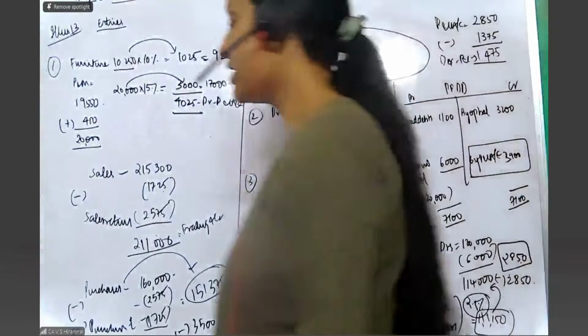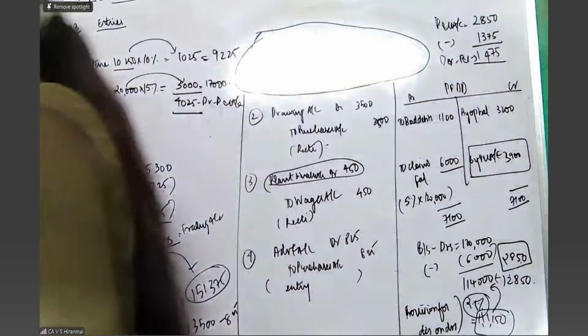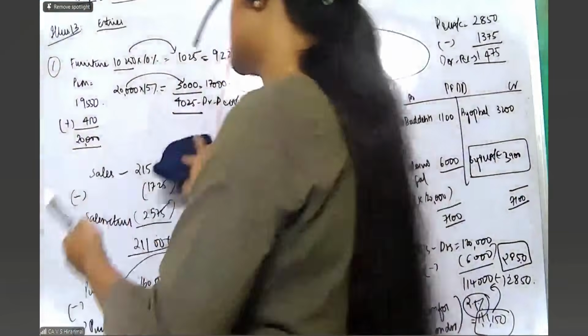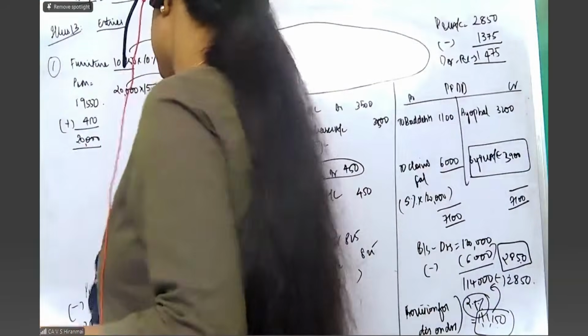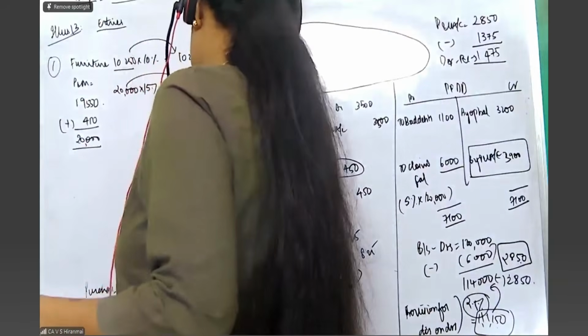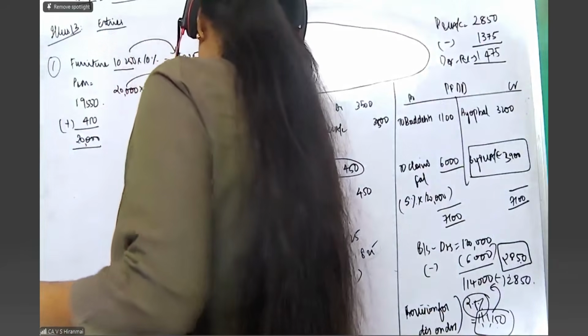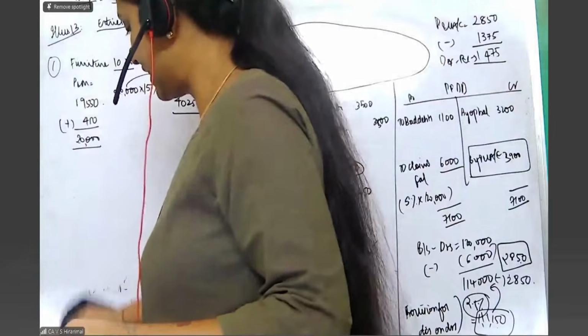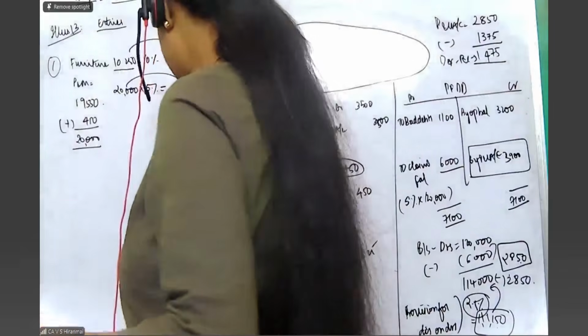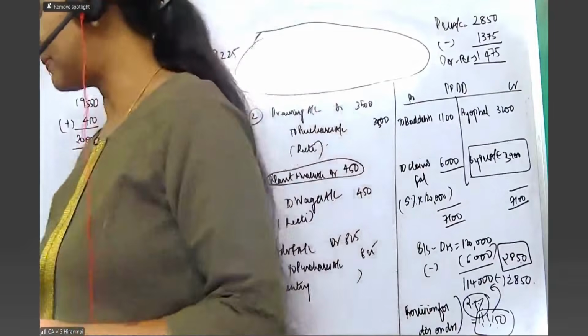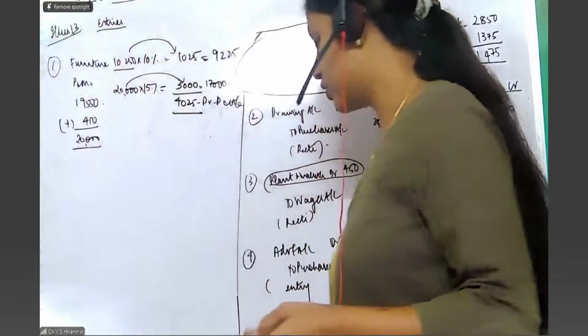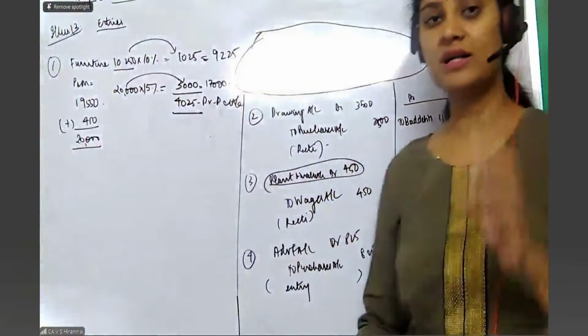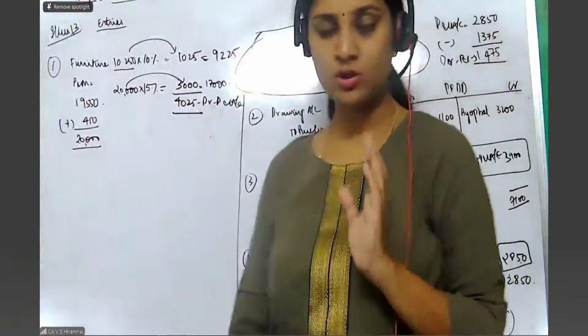Now, the closing stock is not given to you directly. In the adjustment, closing stock needs a little bit of working that you have to do. Whenever you go to the bank to take a bank overdraft or working capital loan, that is for the purpose of continuing your business, it is called a working capital loan.